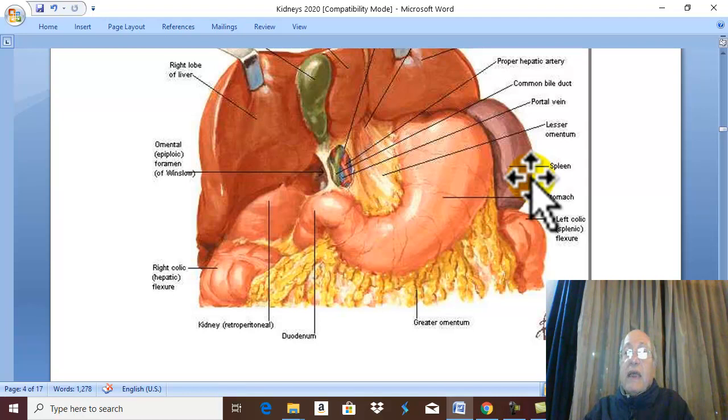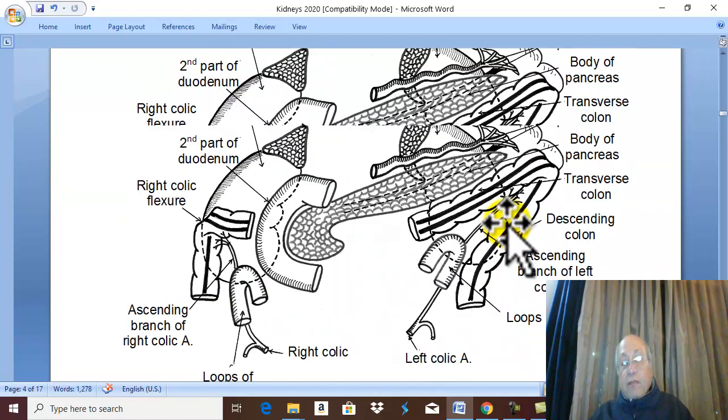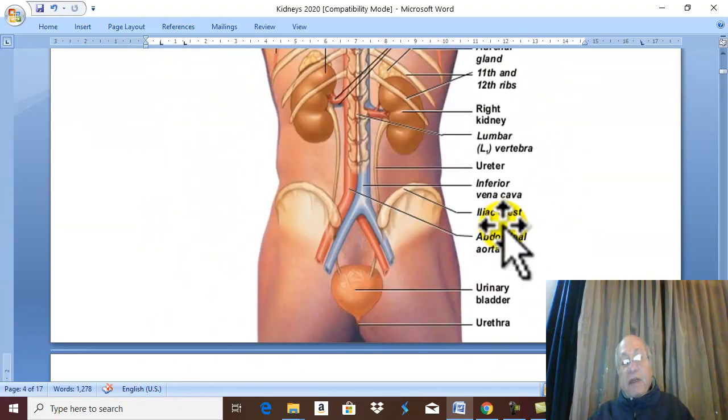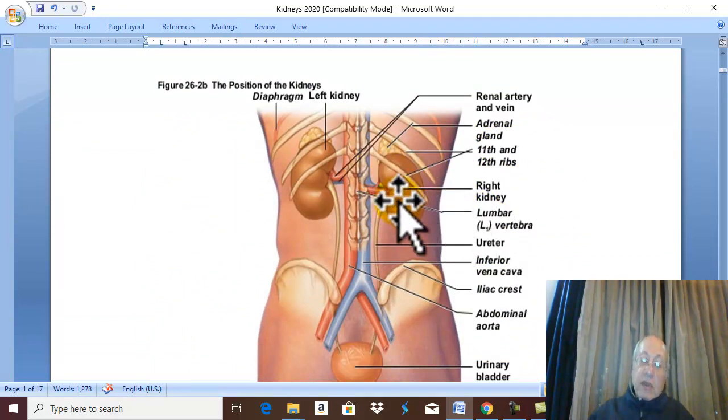Therefore, usually exposure of the kidney is by posterior extraperitoneal approach. This is the favorite approach from posterior in all urinary tract operations, because the urinary tract contains urine.